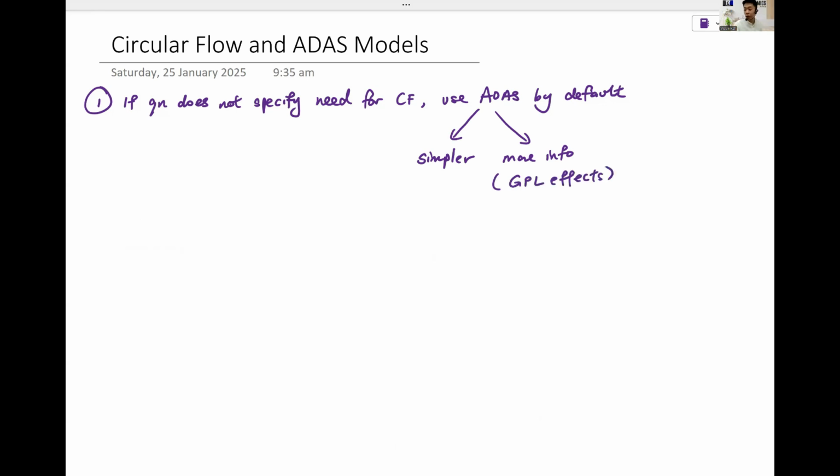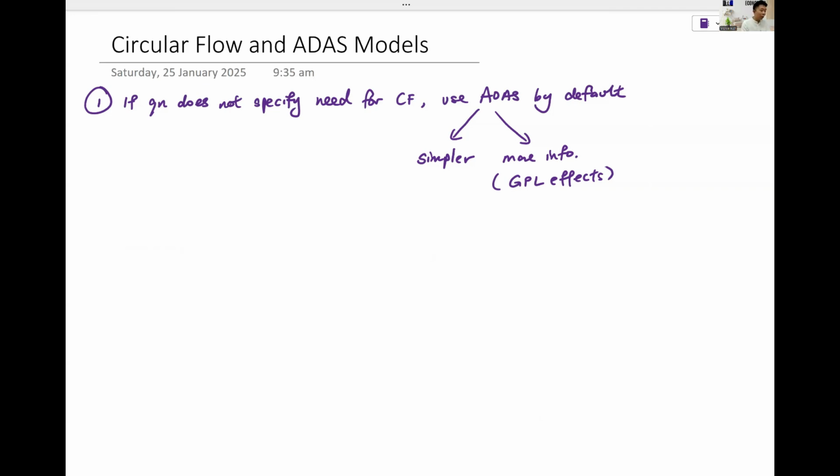Not just GDP effects, but it tells us about your GPL as well. If you recall, we have GPL on the y-axis, whereas in your circular flow diagram, you don't have this thing called GPL. So it tells us more information. That's why by default, use this.